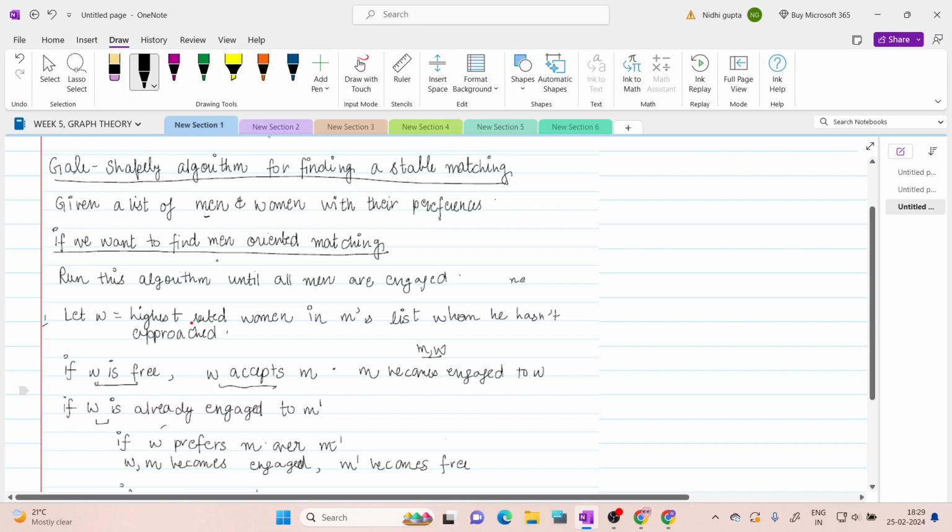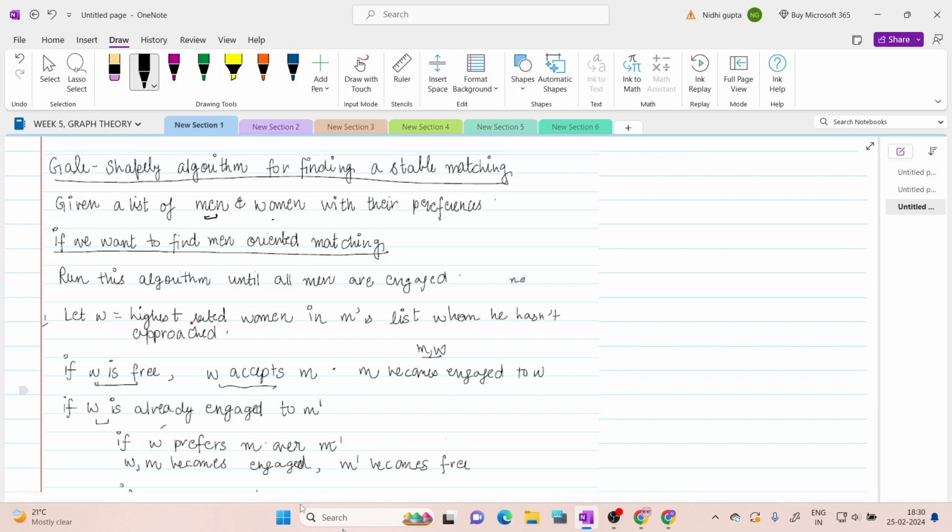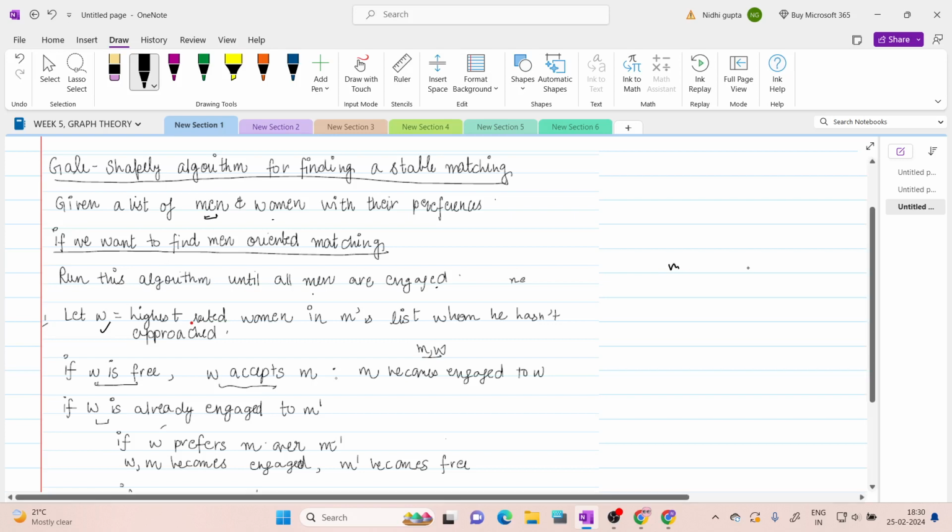The first list is of men and the second list is of women. Suppose we want to find a men-oriented matching. Then we run this algorithm until all men are engaged. That means all men are paired with some women.